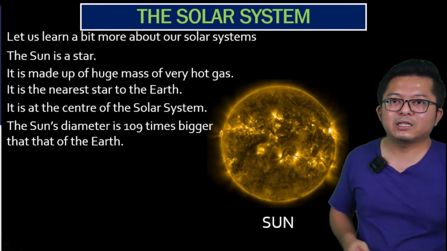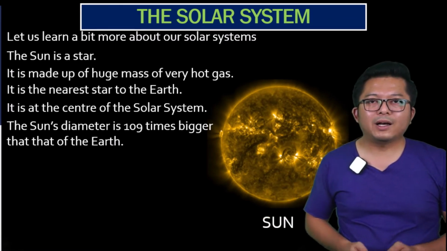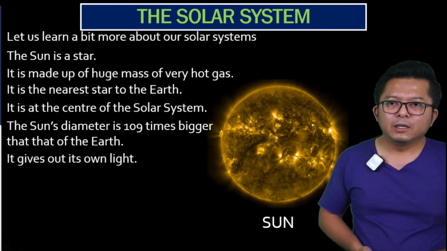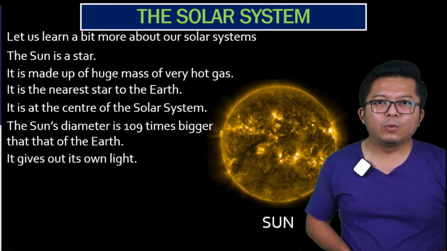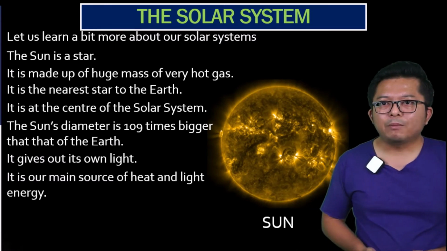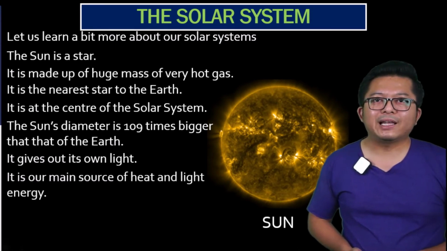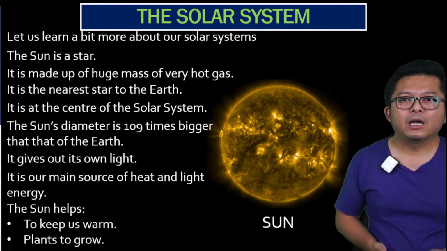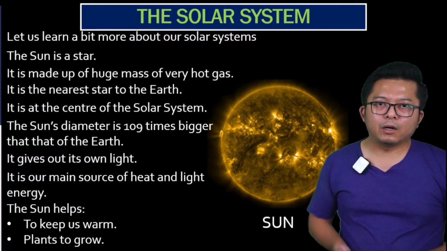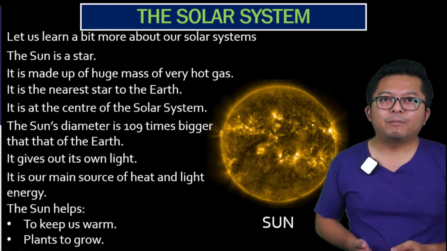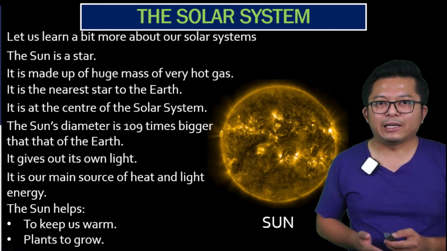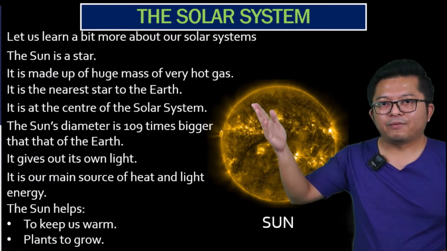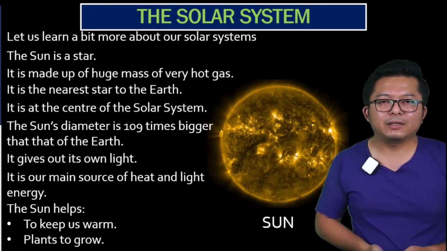Its size is 109 times bigger. It gives out its own light. It is our main source of heat and light energy, and the sun helps keep us warm and helps plants to grow on Earth. Okay, those are some facts about the sun.